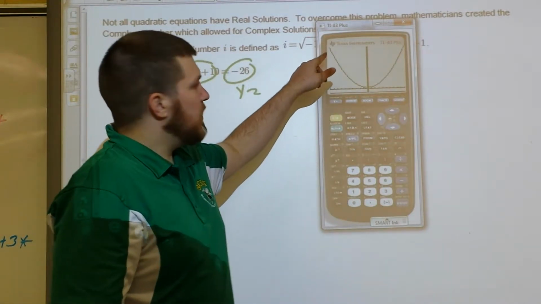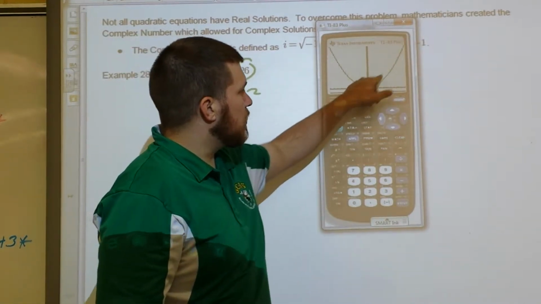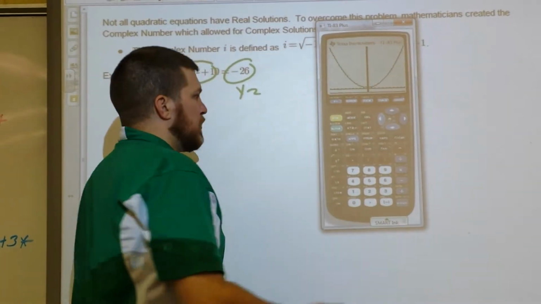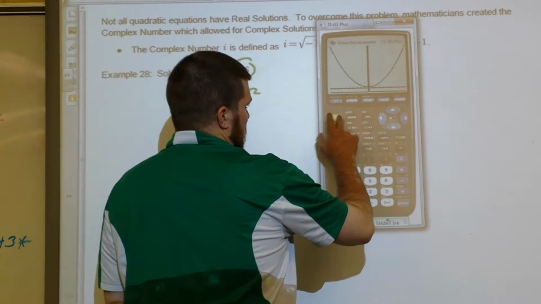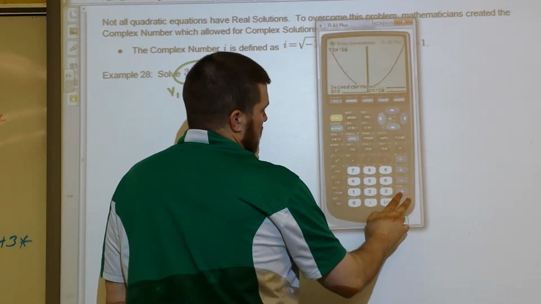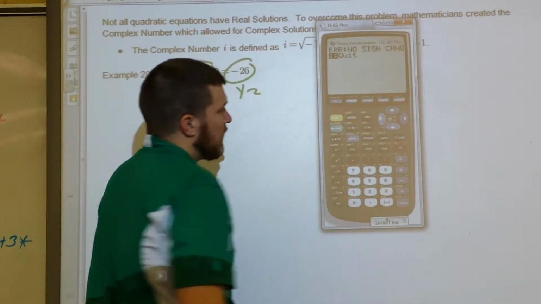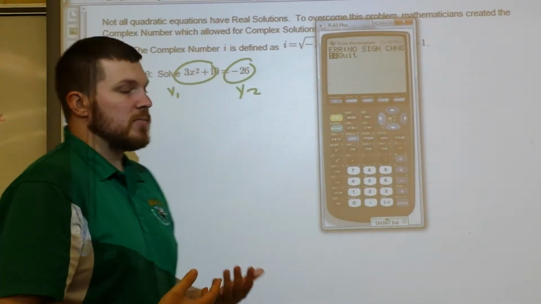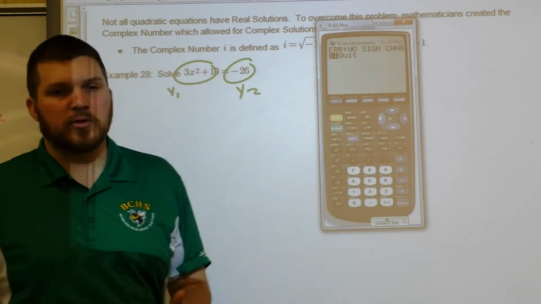Well, it might be kind of hard for you to see, but here's my curve, the x squared piece, and here's -26. I can go through the process, look for a point of intersection, so second calc, option 5, first curve enter, second curve enter, and then guess. I get an error. If I have this error and no sign change, what that means is the calculator cannot find a point of intersection.